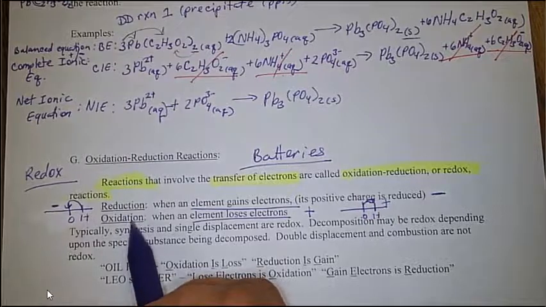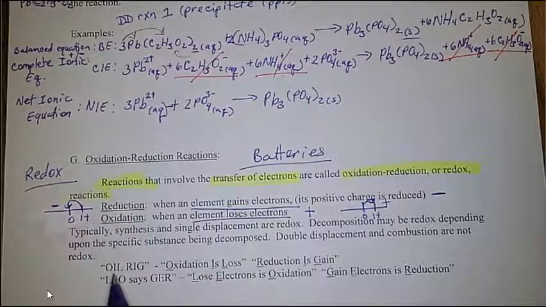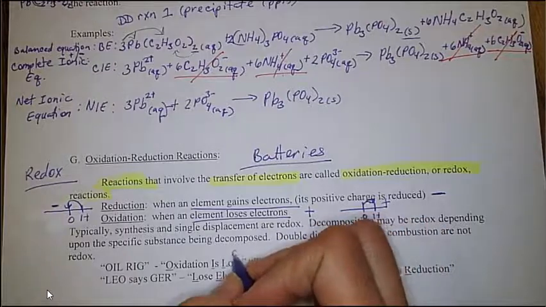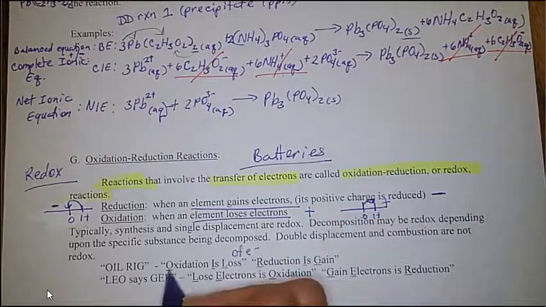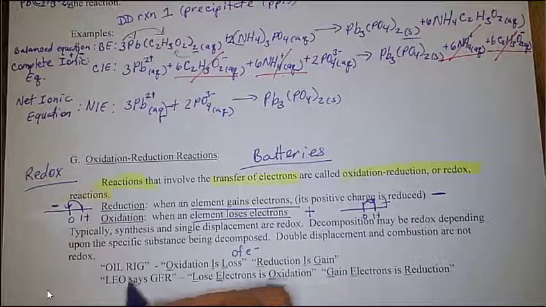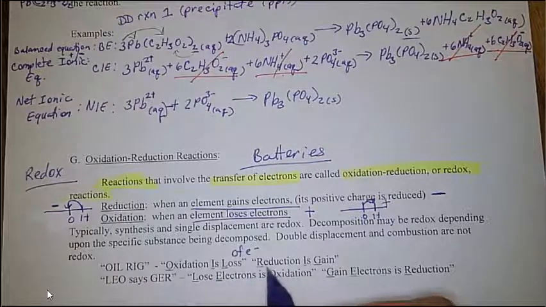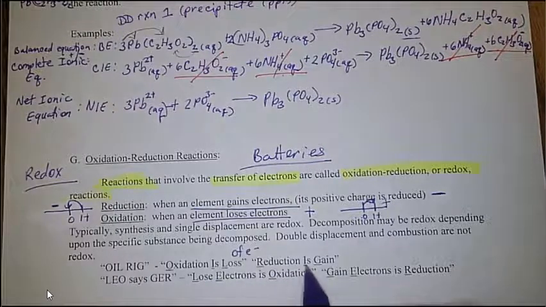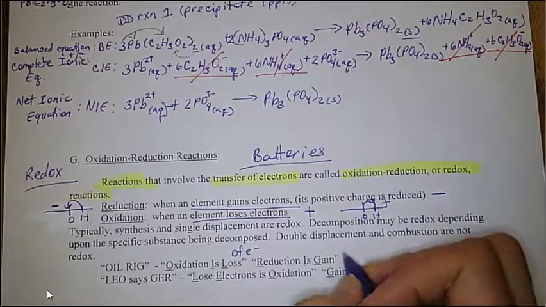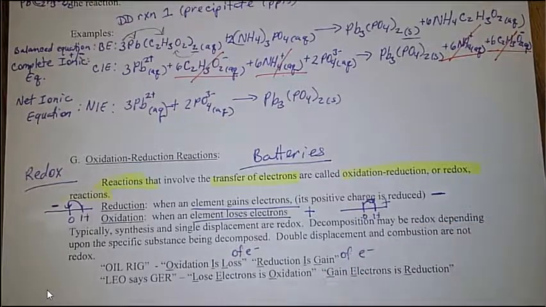If you have a hard time remembering this, you can remember OIL RIG. OIL is oxidation is loss of electrons. And RIG, reduction is gain of electrons. Okay? If that doesn't work for you, then try the mnemonic LEO says GER.